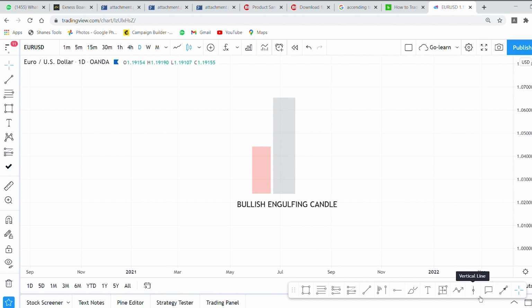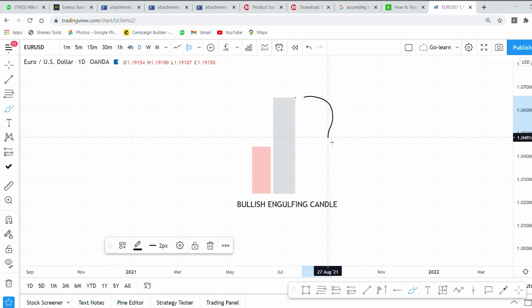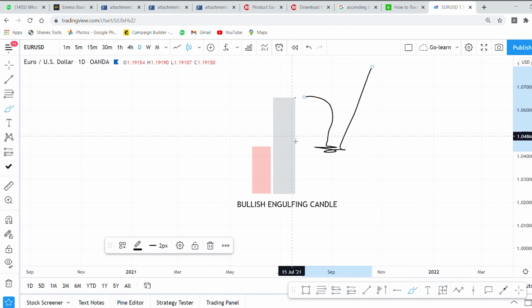Why? Because orders are being accumulated at this point on the candle. For the bulls to come into the market and drive price higher, there are still orders here, the bears still have their orders here. So what the market makers will always do is bring price back to that region to test it, and then there will be a massive rejection on the market.